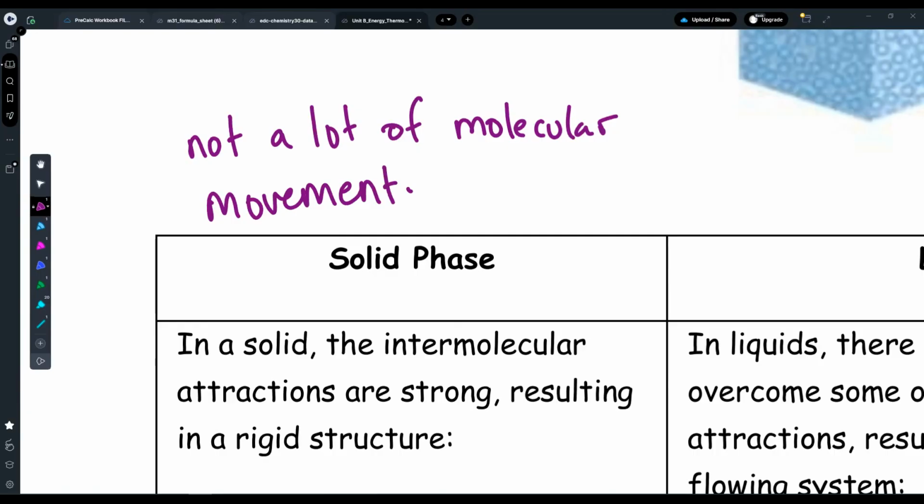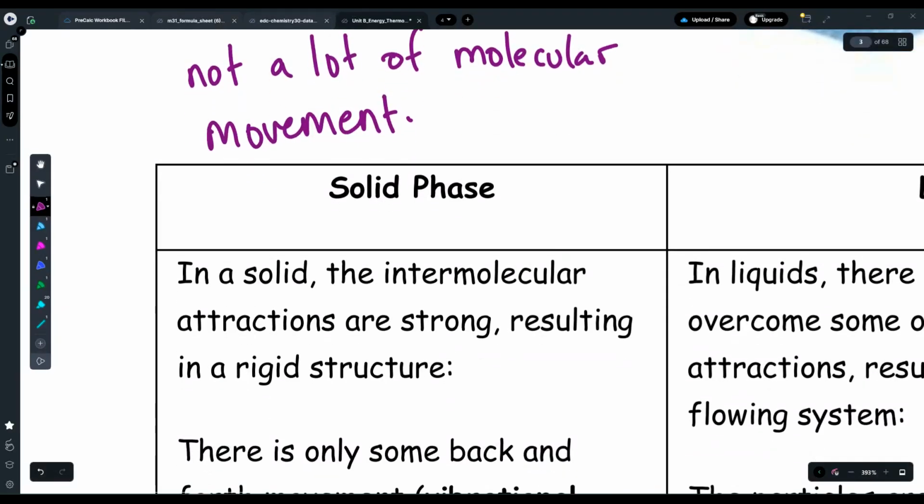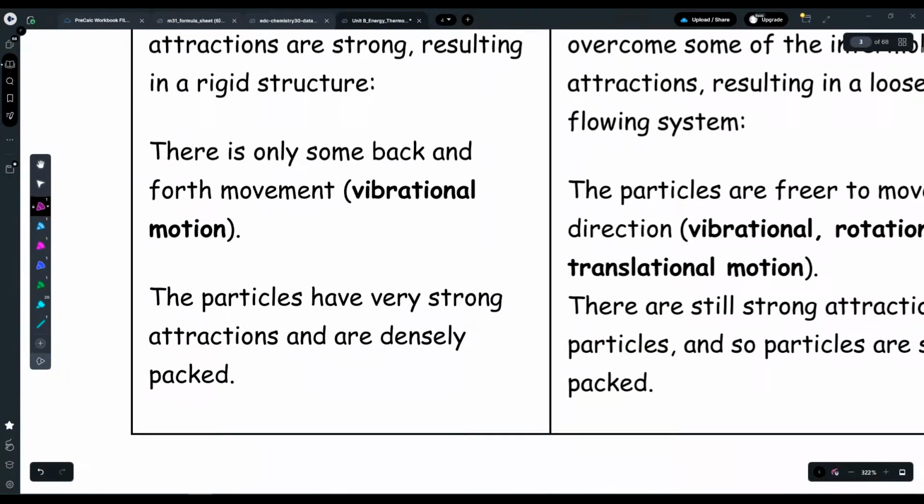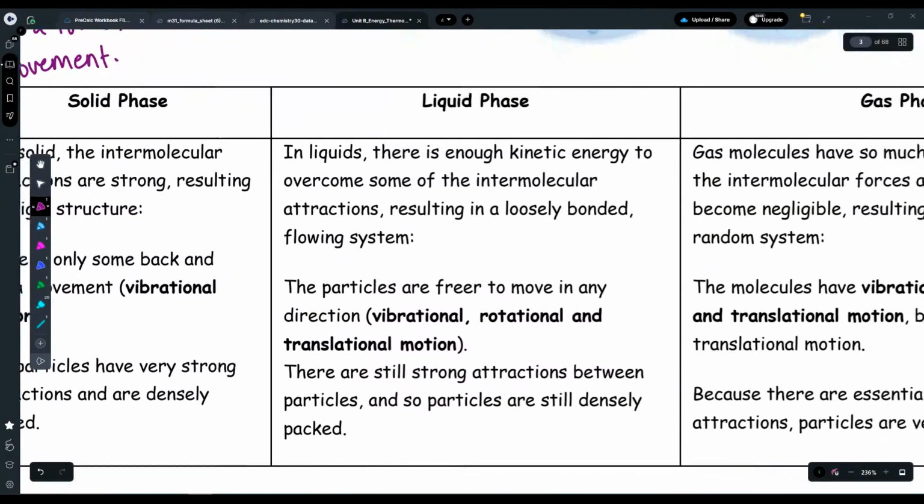The reason we don't have a lot of molecular movement is that in a solid, the intermolecular attractions are very strong, which gives us the rigid structure of solids. There's only some back and forth movement, which is vibrational motion, and the particles have very strong attractions and are very densely packed.